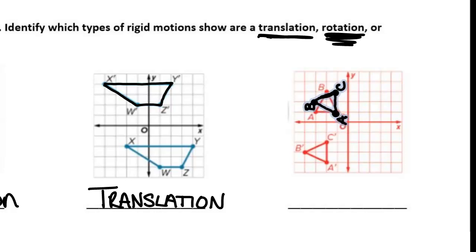If I twist this, I can make B land on top of B prime. I can make C land on top of C prime, and A land on top of A prime. I'm not rotating about the origin on this one, but I am rotating because I could twist my paper and make it match up. So this is a rotation.